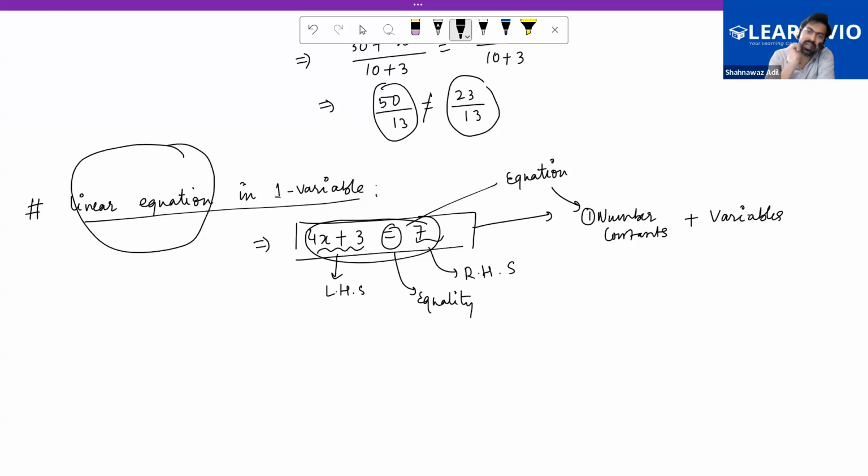Variables are generally denoted by the alphabets X, Y, Z, and numbers by A, B, C. In this equation, you have some numbers, which are 3, 4, and 7, and you have one variable, that is X. And what is the power on this X?